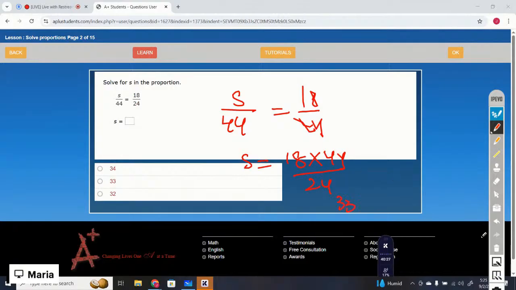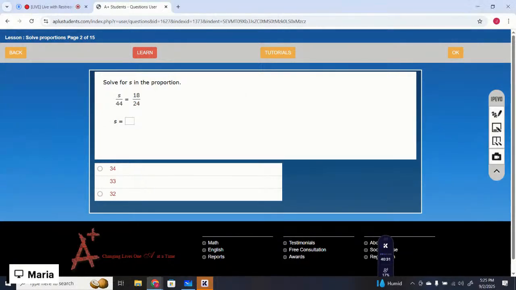Option number 2 is the correct option. That is 33.